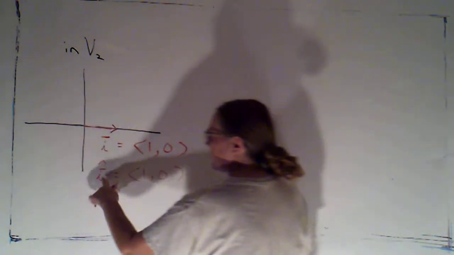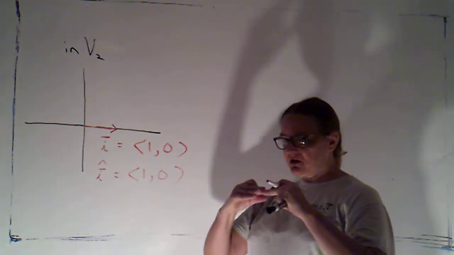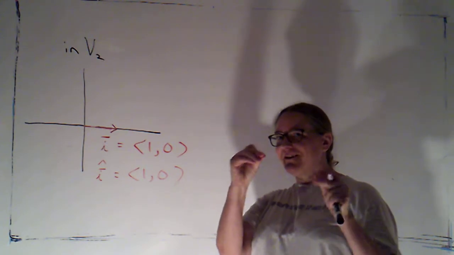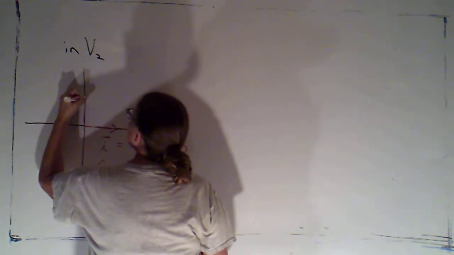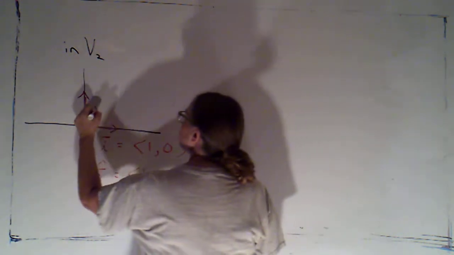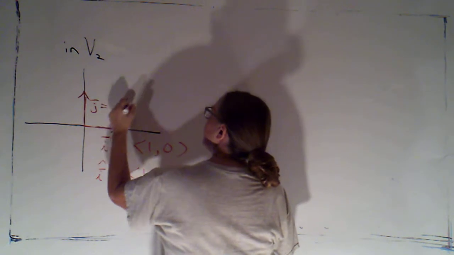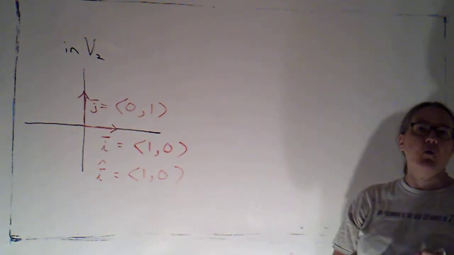I usually write the bar and the hat when I'm normalizing something because it was a vector to begin with, and then I'm normalizing it by writing the hat. The vector that points in the positive y direction, we call that j, and of course, since that's going straight up, its components are just 0, 1.